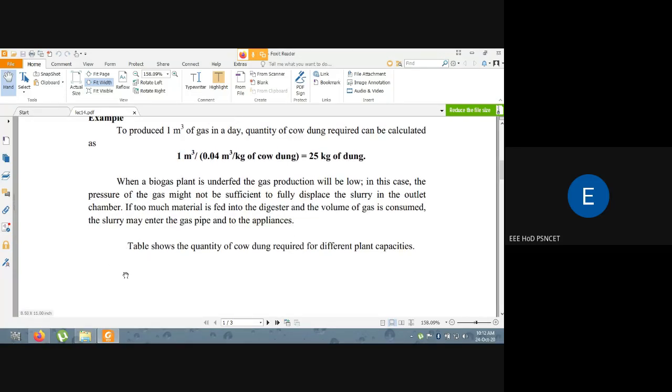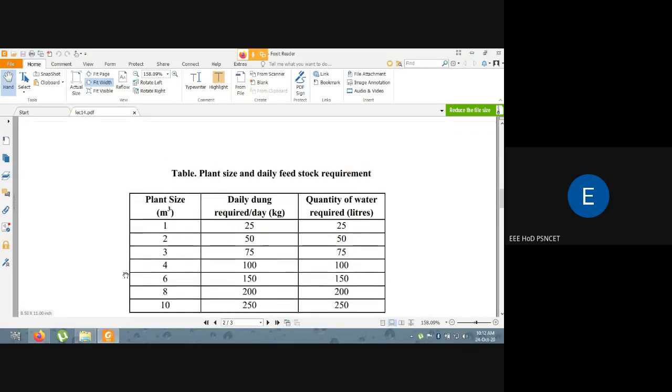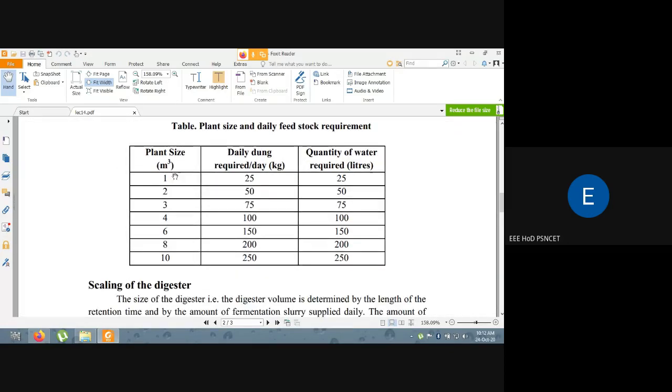There is a table to show you the quantity of the cow dung required for different types of plants. Different types means different sizes of plants. So if you have a 1 meter cube size, daily it should require a minimum of 25 kilograms of dung along with 25 liters of water.